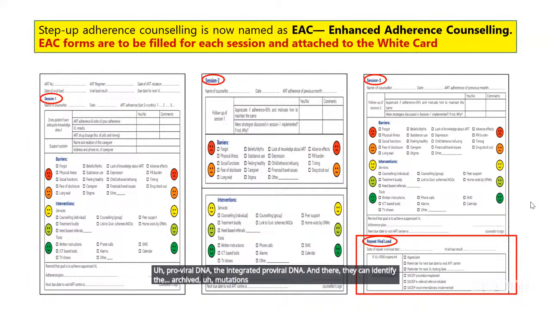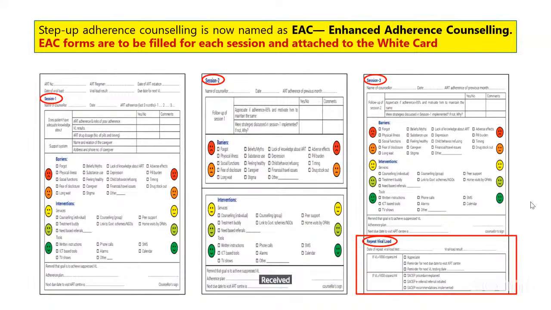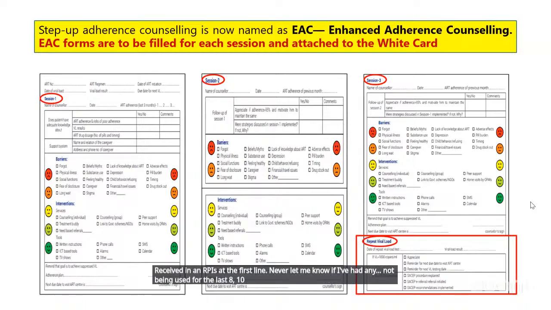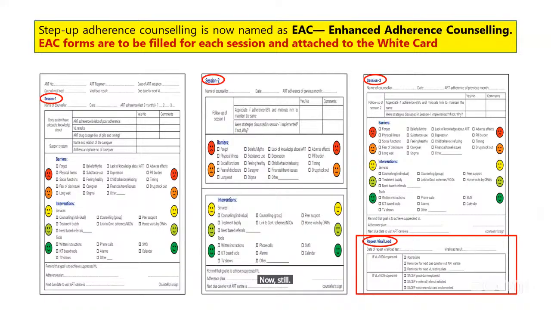Suppose someone received NNRTIs in the first line, nevirapine or efavirenz, not used for the last 8-10 years. Those mutations will still be picked up by the NGS method, genotypic drug resistance testing for proviral DNA.